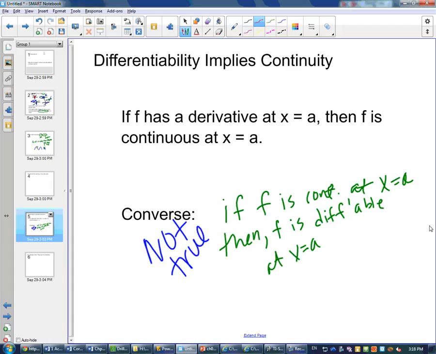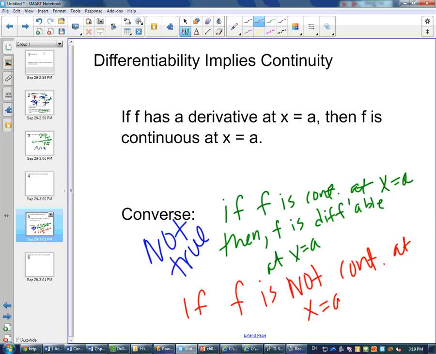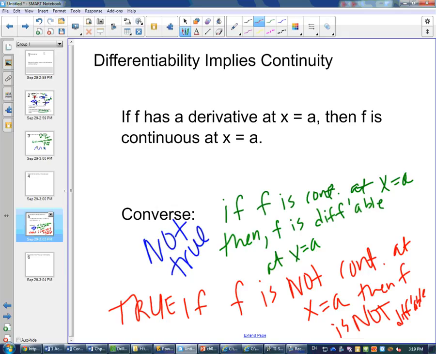But if you flip the statement and put nots in it: if f is not continuous at x equals a, then f is not differentiable. This is a true statement. Converse is not true. The contrapositive, that's what this red one is called, that one is true.